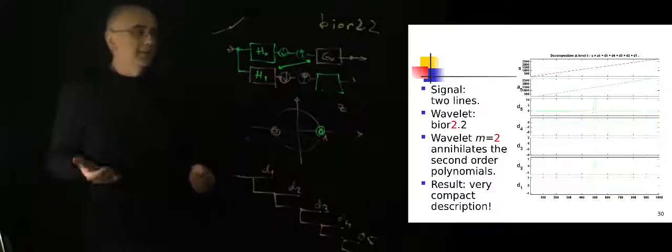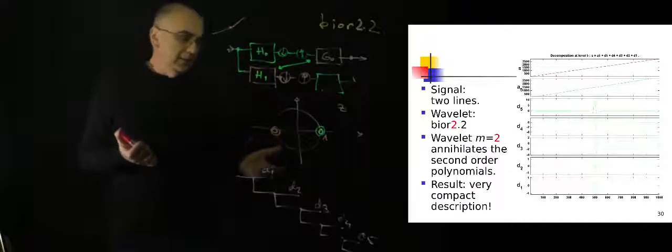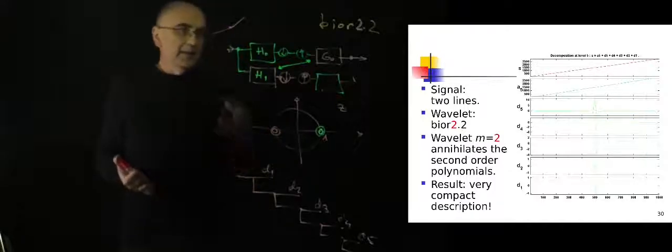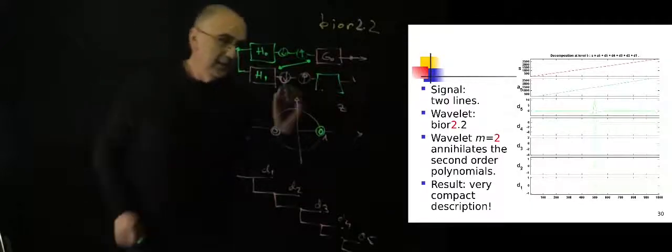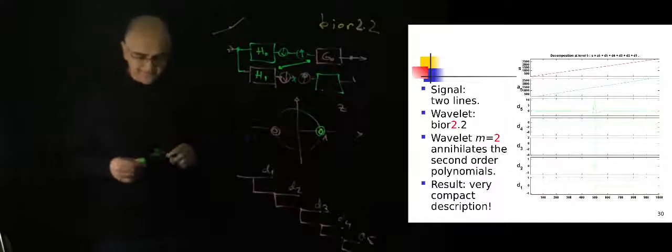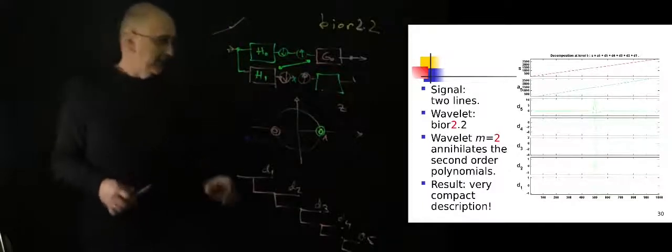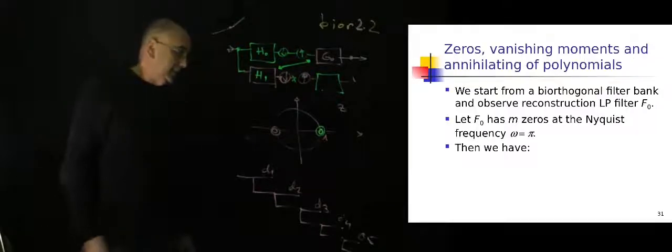How is it possible? Well, is it always like that, or why did that polynomials not pass right here? So what was the reason of that? So let's go on and let's try to explain that phenomenon.